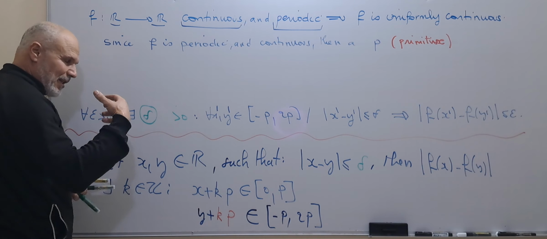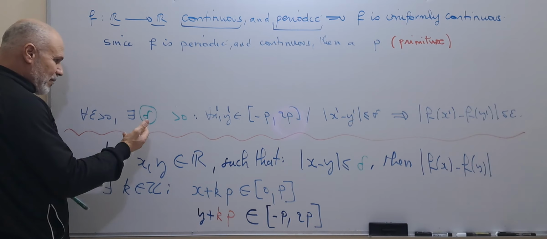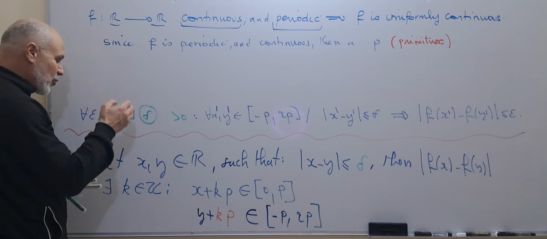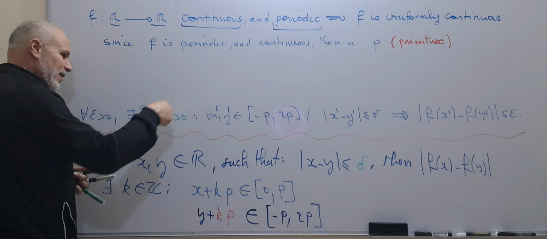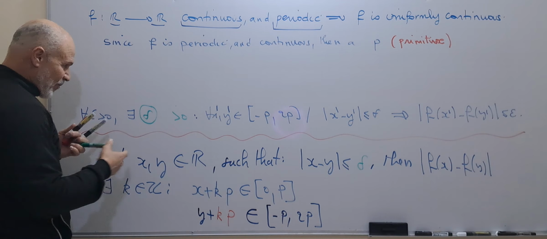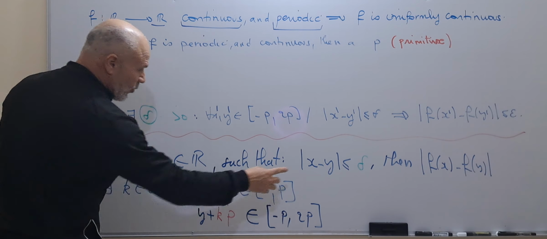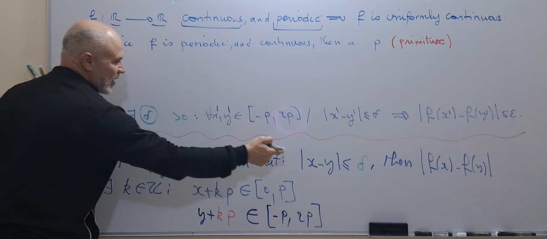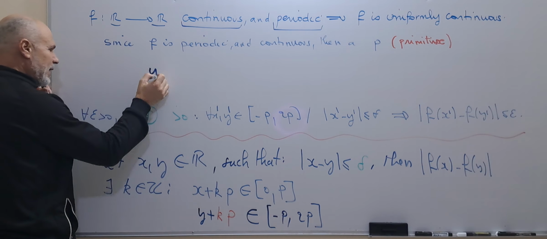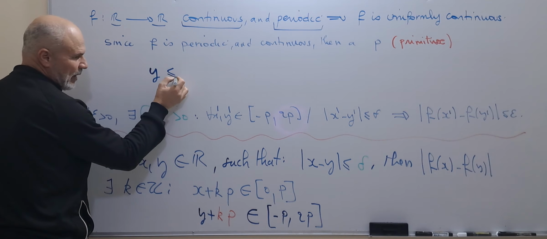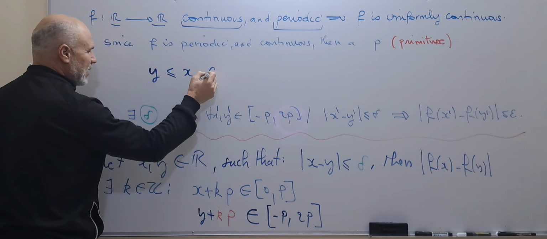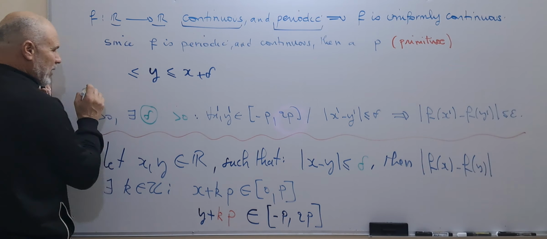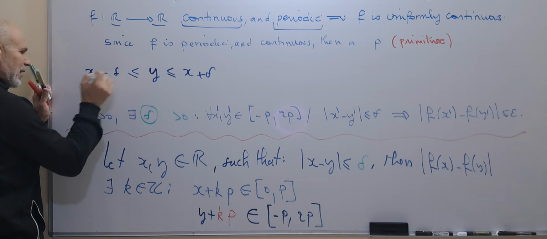This is given; we are sure that it exists because f is uniformly continuous. So from this relation, y is less than or equal to x plus delta and greater than or equal to x minus delta.